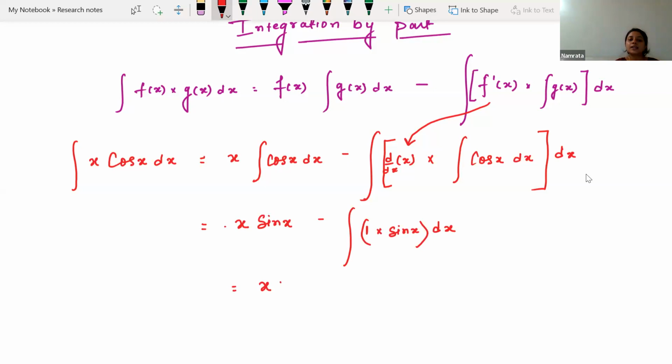Here we got x sin x minus, here we are having only sin x integration. Only sin x integration will be what? Anyone? Minus cos x. So we got minus cos x. That means we got the constant of integration also. That means we got x sin x plus cos x plus c. This is how we will be doing it.